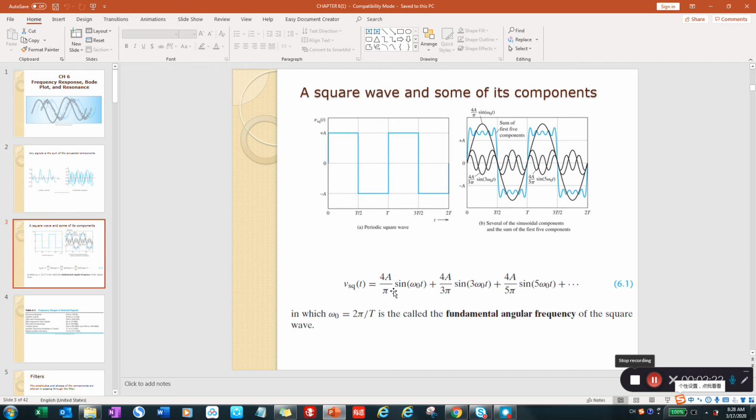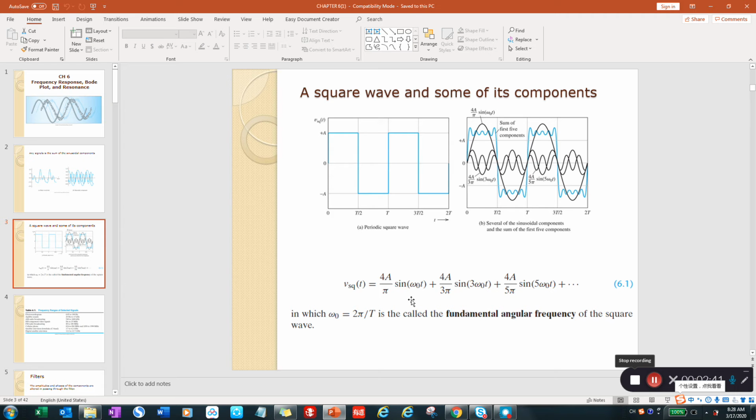The first one is 4a divided by pi, the second one is 4a divided by 3 pi, and the third one is 4a divided by 5 pi. You can see the pattern, and then you know that this is an infinite series.